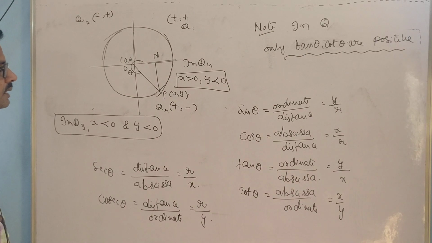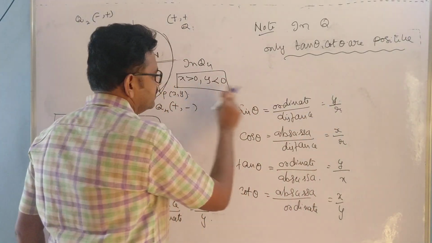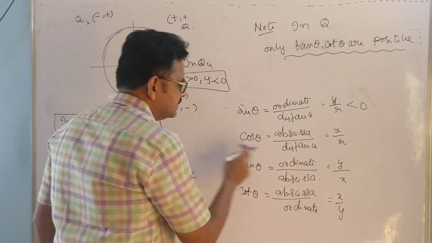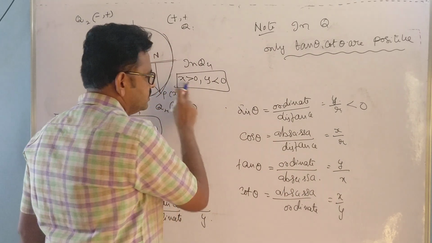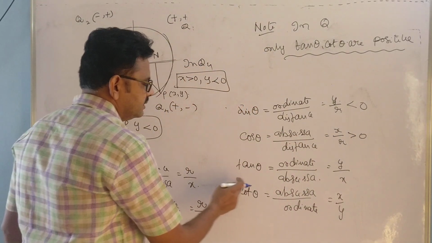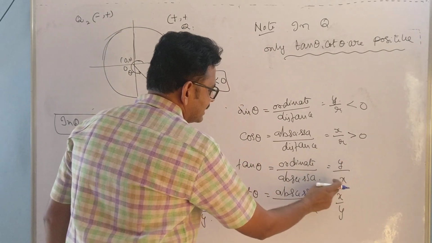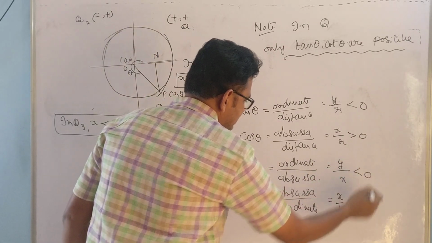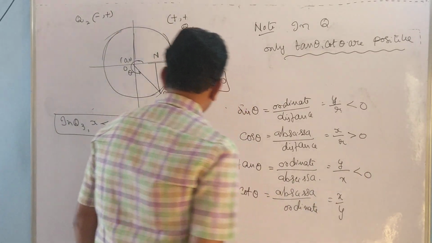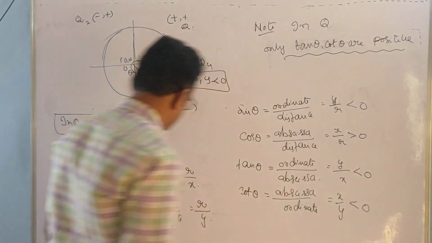Sine theta is y by r. Y is negative, r is always positive, so less than 0. Cos theta, x by r, x positive, r is also positive, so positive. Tan theta, y by x, y negative, x positive, which is less than 0. Cot theta, x by y, x positive, y negative, which is less than 0.